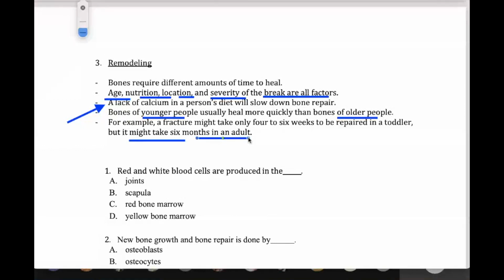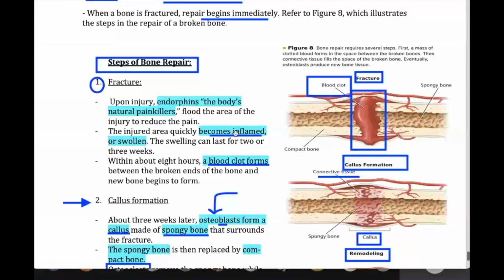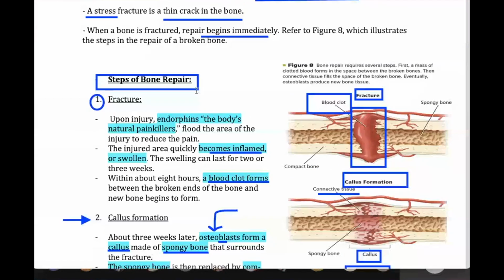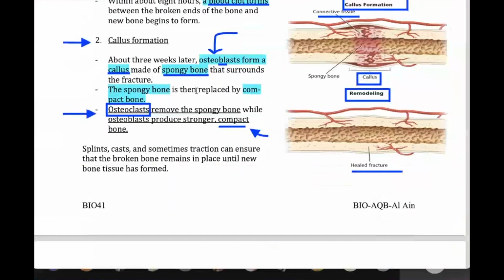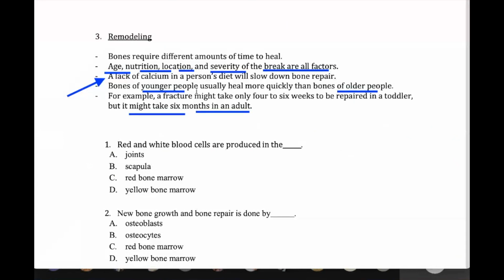So it depends. Is it clear, boys? So the 3 steps: the bone is broken, then covered by the blood clot, then connective tissue replaces the blood clot, and then the remodeling happens.